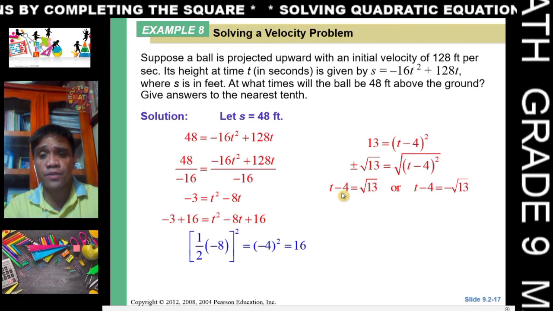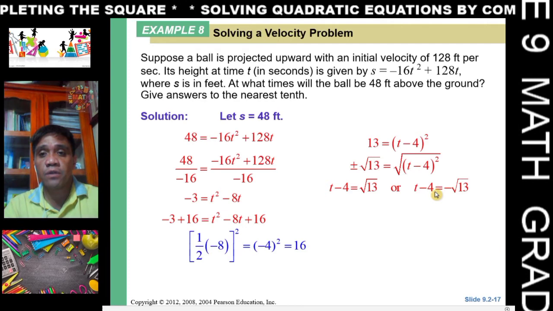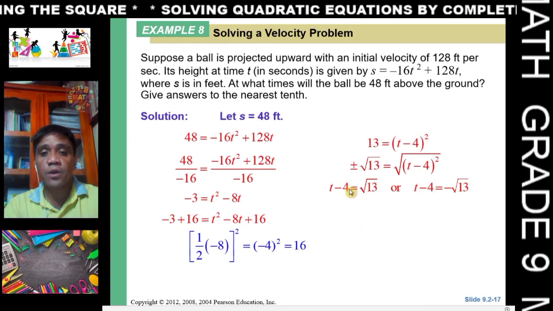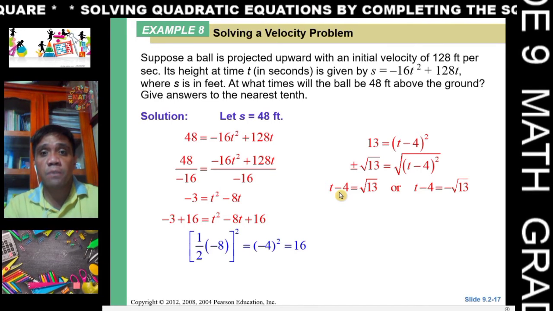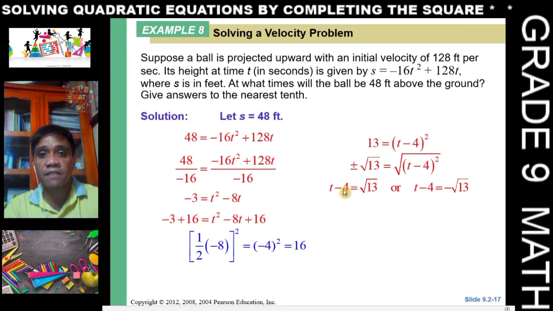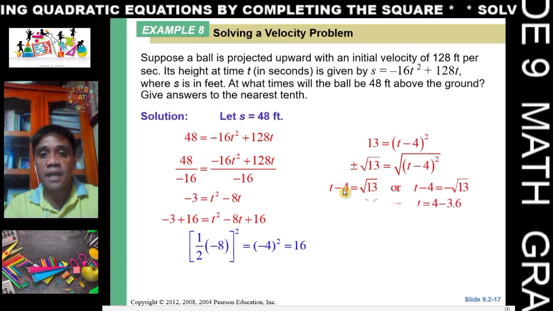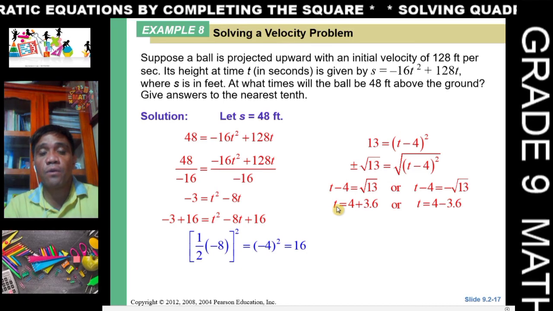The other one is t minus 4 is equal to negative square root of 13. To solve for t, we transpose the negative 4, so its additive inverse is positive 4. It became t is equal to 4 plus or minus the square root of 13.